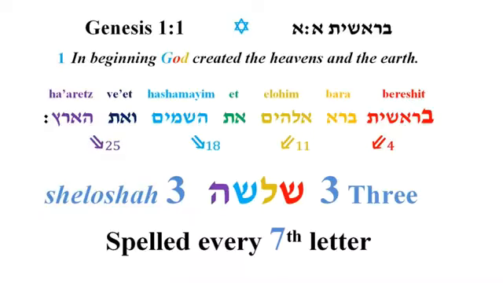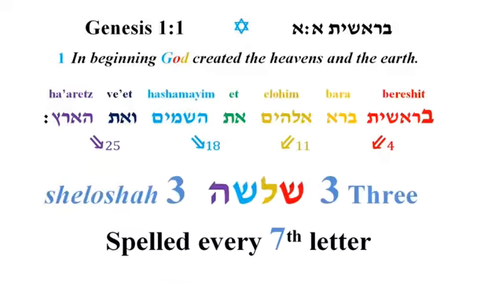Well, those 4 letters, Shin, Lamed, Shin, Hey, is a Hebrew word. And how do we get it? We skipped ahead every 7 letters. 7. Huh? And you know what the Hebrew word is? It's Sheloshah, which means 3. So again, he's hiding 3 and 7 in Genesis 1:1. He's hiding the word 3 every 7 letters apart. And look where he's hidden it.